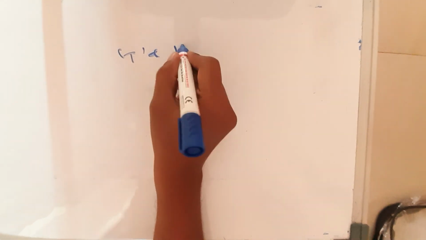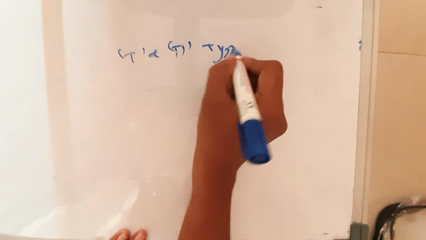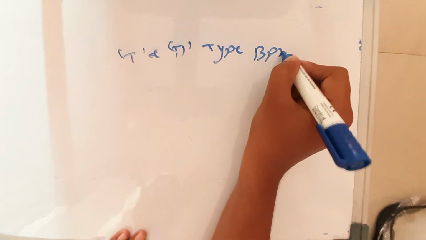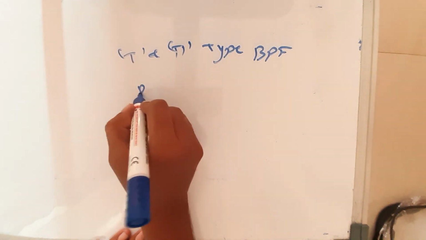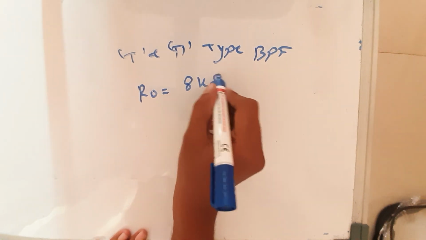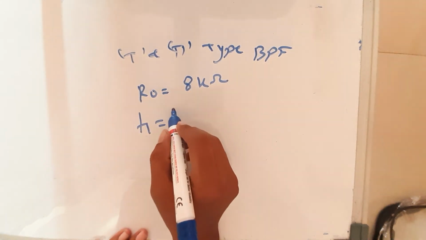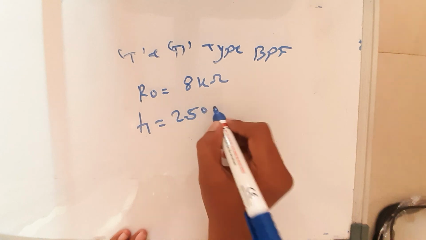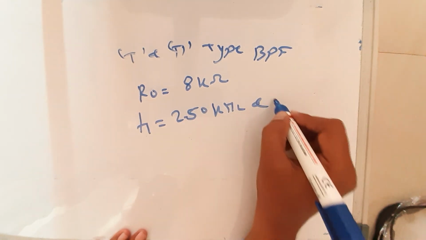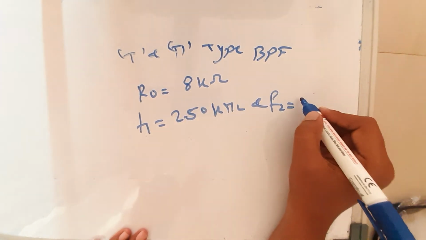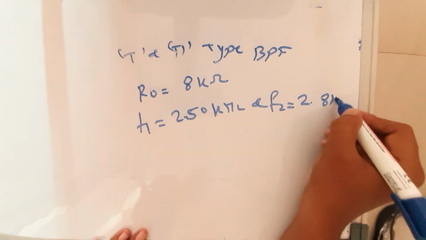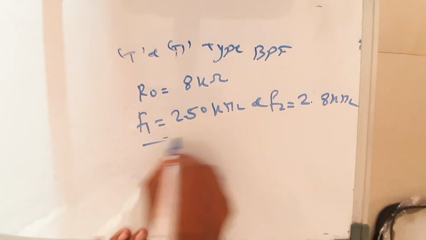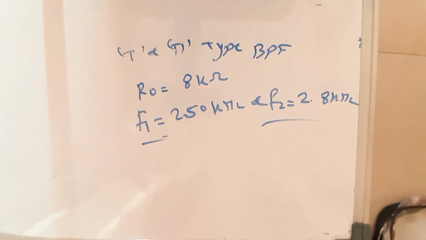So design a T and pi type band pass filter with R0 equal to 8 kilo ohm and F1 equal to 2.50 kilohertz and F2 equal to 2.8 kilohertz. So F1, F2, you should design a T and pi type of band pass filter. Okay, thank you.